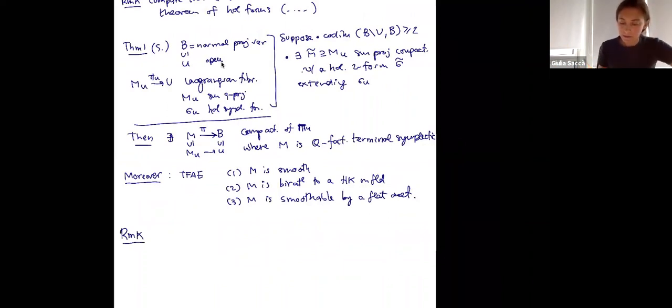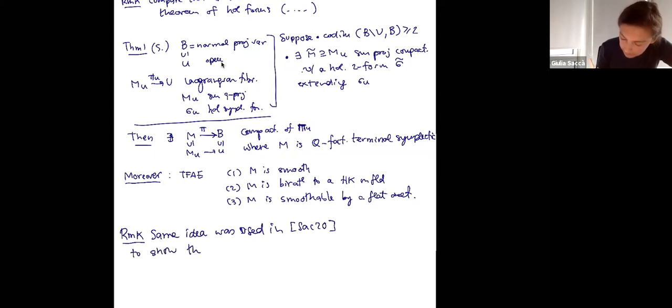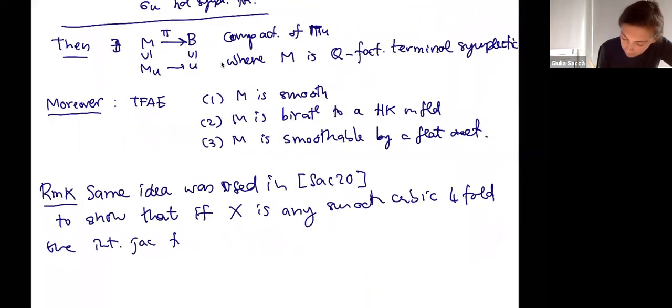A similar kind of idea was used in a paper I have online to show that if X is any smooth cubic fourfold, the intermediate Jacobian fibration has a hyperkähler compactification, a Lagrangian fibered hyperkähler compactification.